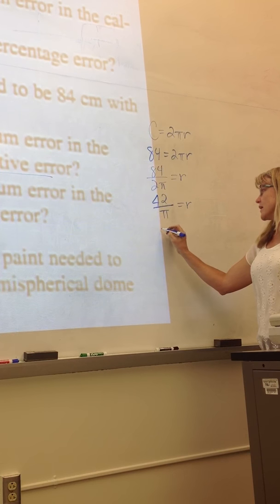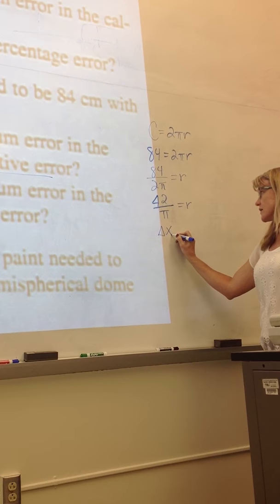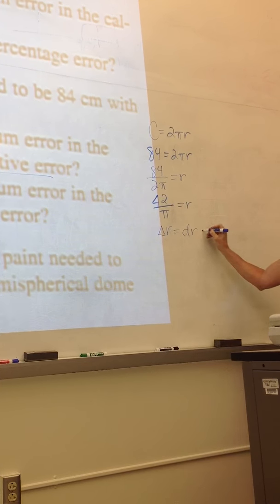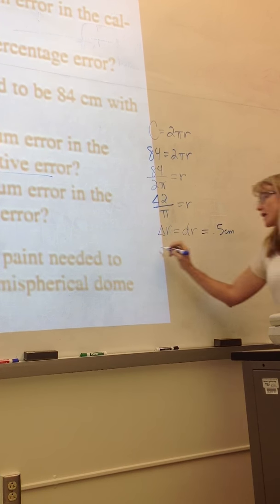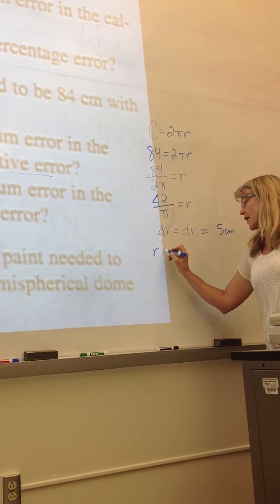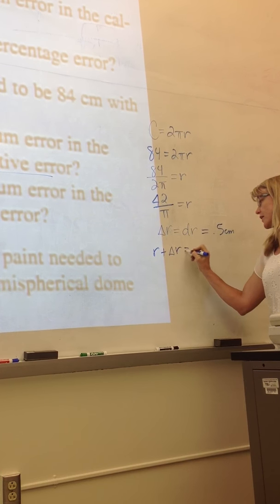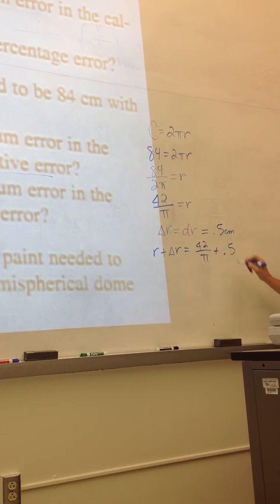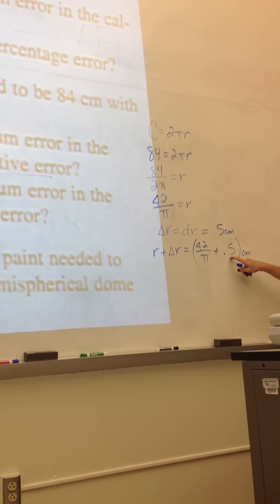My delta x, but in this case it's r, which equals my dr, is 0.5 centimeters. And so my r plus delta r is 42 over pi plus 0.5. Again, I'm only testing the upper bound because surface area is a squared function, and so the error is going to be higher with higher numbers.